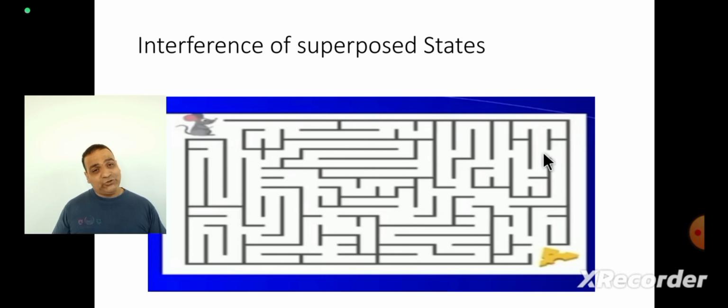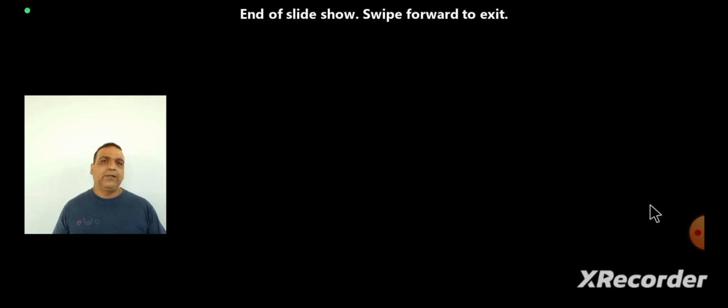The core cause of that is destructive interference, and the single pathway that will lead this rat to its prey in the best possible way, that single track will be the result of constructive interference of the superposition of some of the states that will take the rat to its final destination. So, with this, I would like to end this presentation.